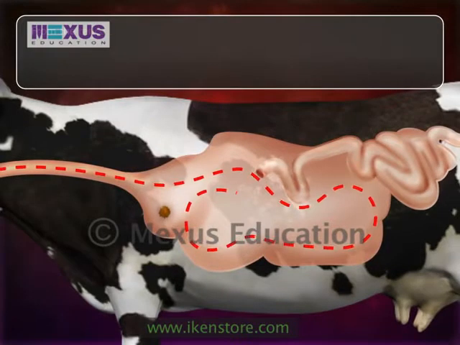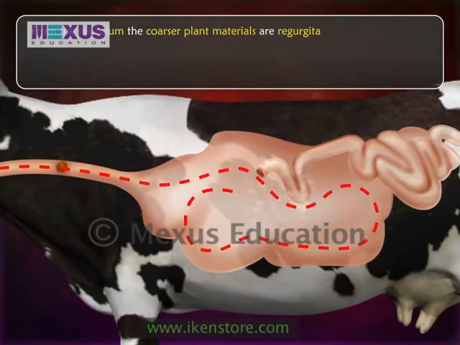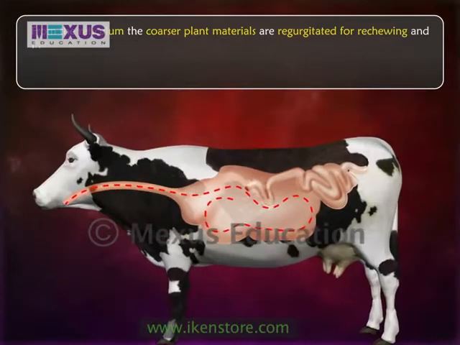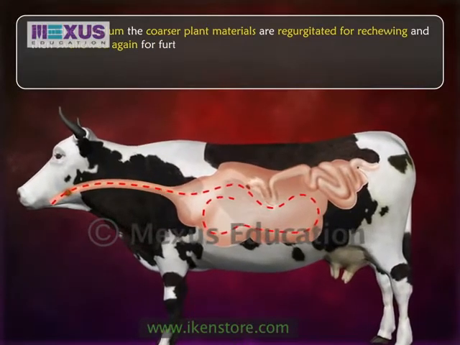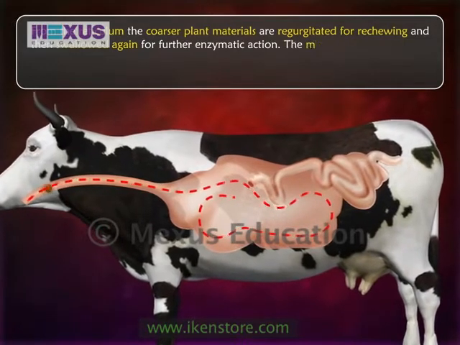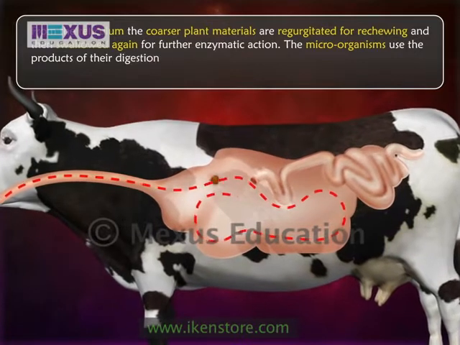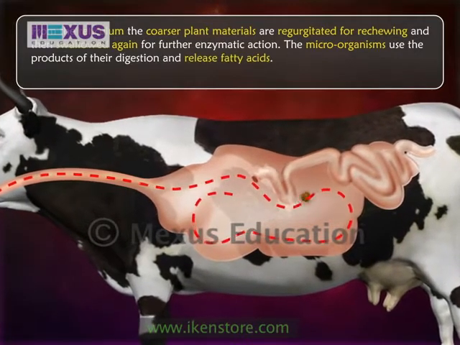From the reticulum, the coarser plant materials are regurgitated for re-chewing and then swallowed again for further enzymatic action. The microorganisms use the products of their digestion and release fatty acids.